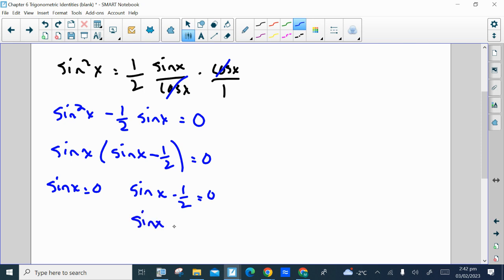And for that second one, that's where the sine of x equals positive 1/2. Note we do have a denominator of cosine x here, so none of our answers can be where cosine of x equals 0. But I don't think that's going to be an issue here because our answers will come where actually sine x equals 0, which is where cosine of x will equal either 1 or negative 1, as well as where sine x equals 1/2. And there's no zeros involved there.